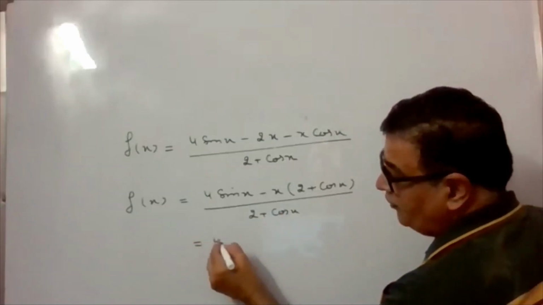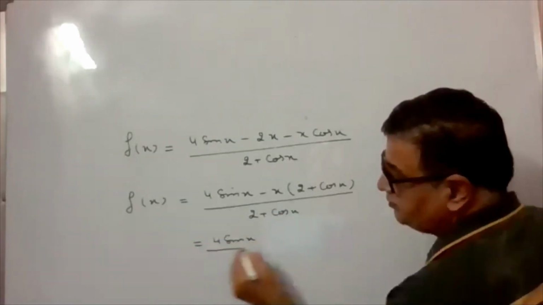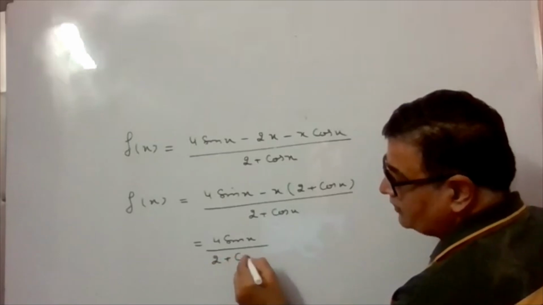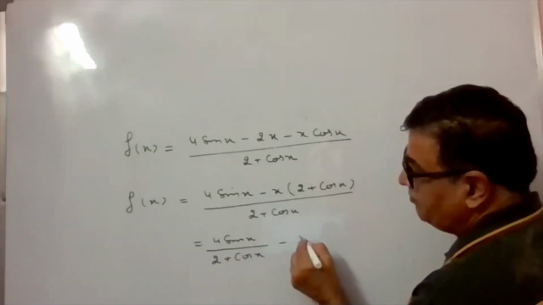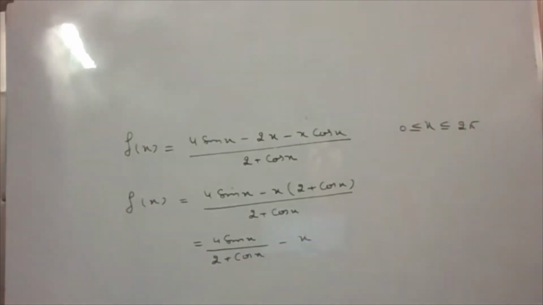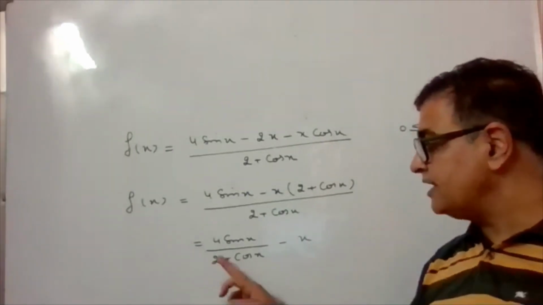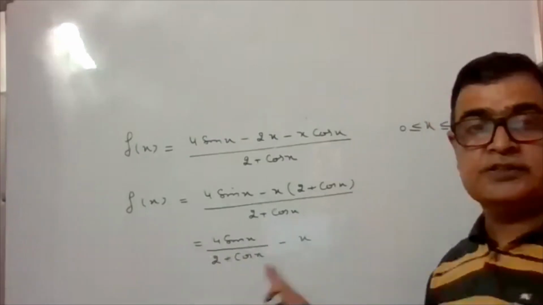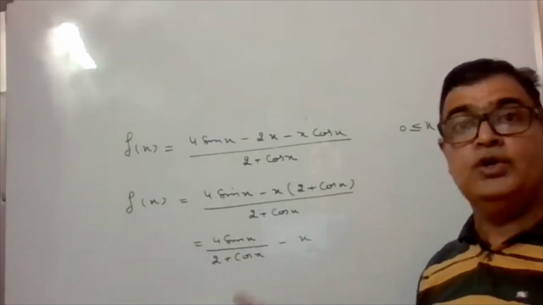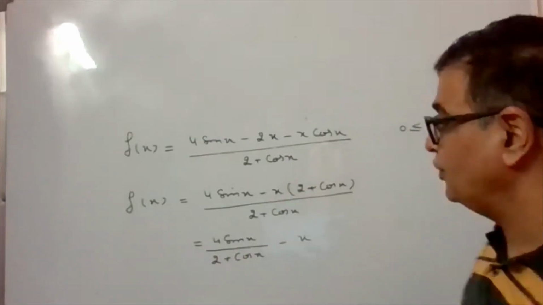Now when you solve it, it will come 4 sin x by 2 plus cos x, and the next part will be minus x. So now it is a much simpler form we got. So f(x) is 4 sin x by 2 plus cos x minus x. If you do its derivative now, it will be much easier for you.